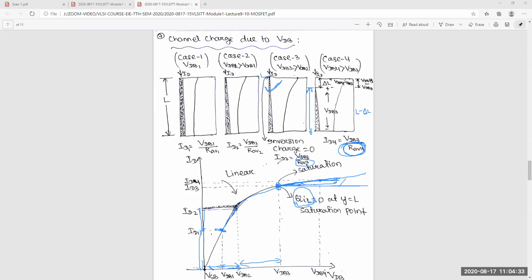Up to this point, after this point we can say it's saturation. Before that, generally called linear, though it's not really linear in this region, roughly you can say it's linear. Actually, the linear region is almost this part. After this, it's not linear. It's like a 3/2 power law. That thing also we discussed.